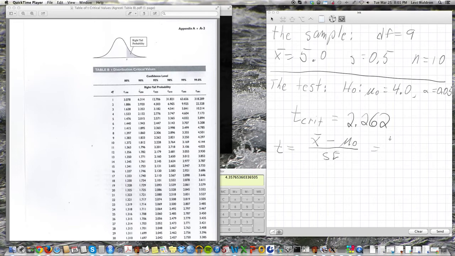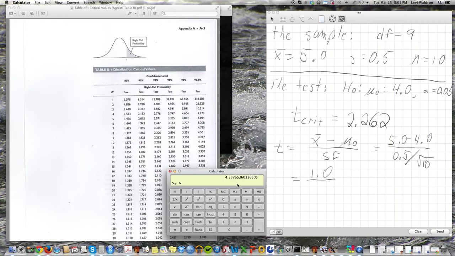So that is 5.0 minus 4.0 divided by the standard error, which is the standard deviation, 0.5, over square root of n, which is 10. So this is the 1.0 in the numerator, and then I'm going to calculate this with a calculator.